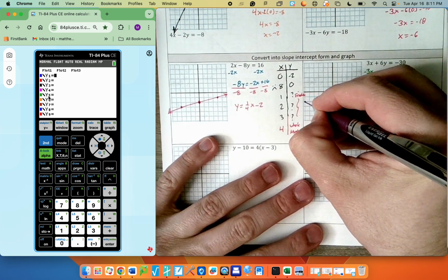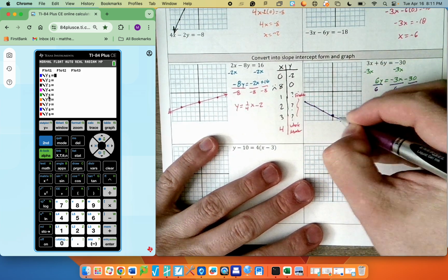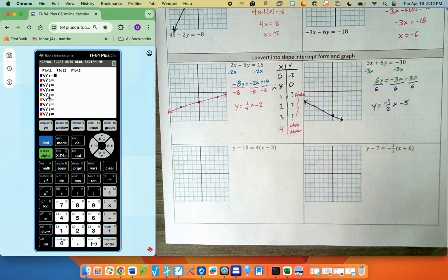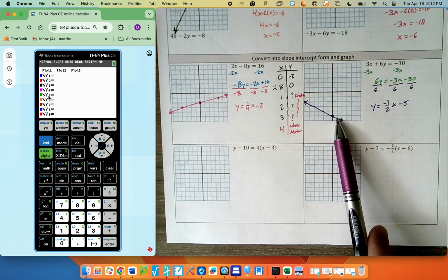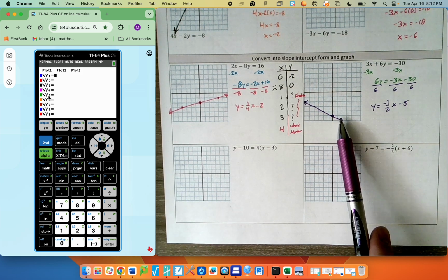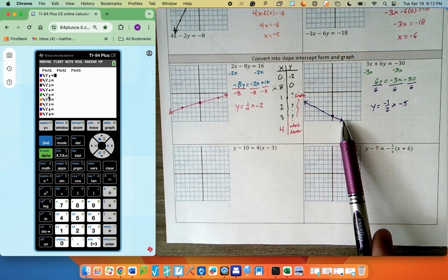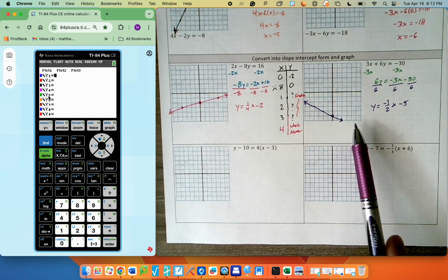The next reason why we want to be able to convert is you might not have plugged in a number that you were able to graph. For instance, by plugging in 1, we get a fraction. We can still plot that one. 2, we're still barely on the graph. 3, we're off the graph. And those are a lot of friendly numbers.